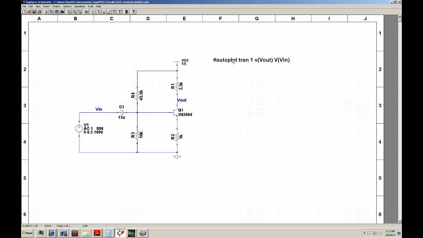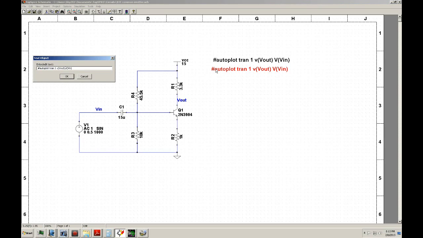Okay, so now you copy this, but now you rename this as AC. And you want dB, decibels. And we'll do it both ways.